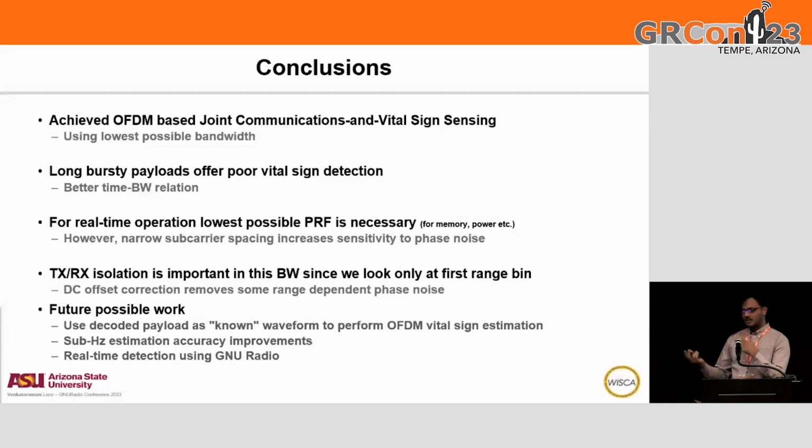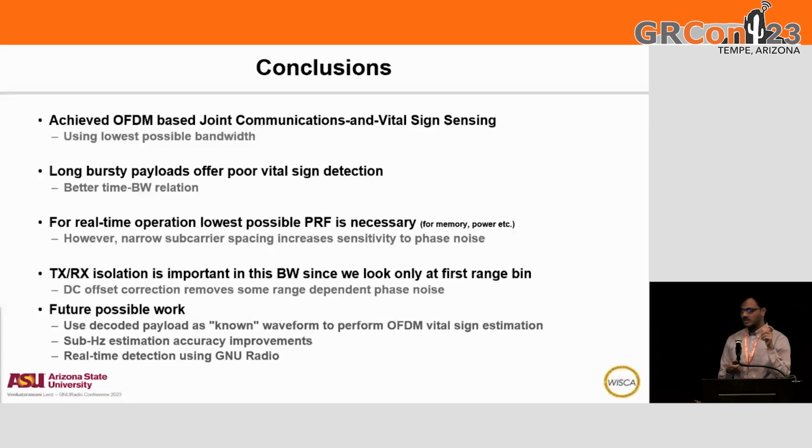The resulting importance of this work is that we could use it in the lowest bandwidth possible. Some future work that we could do is that right now we use just known sequences, just as a pulse radar.